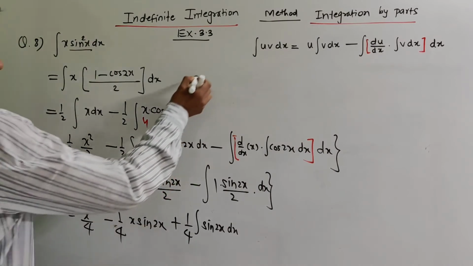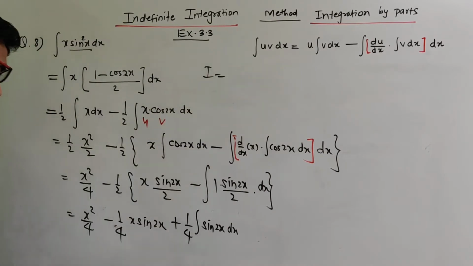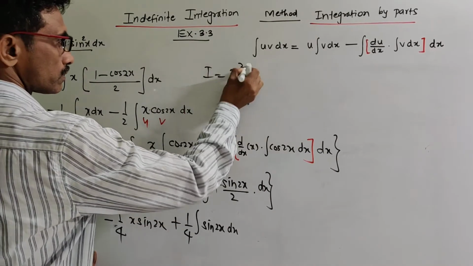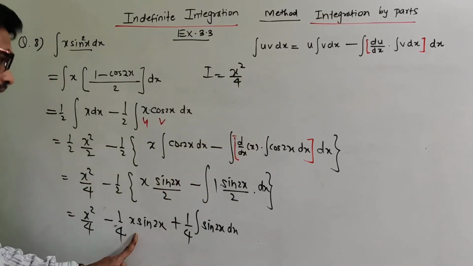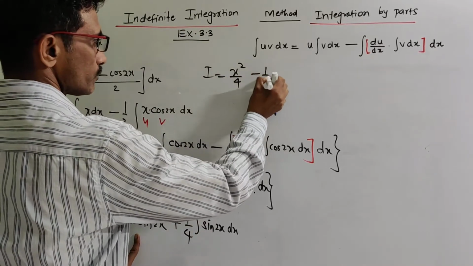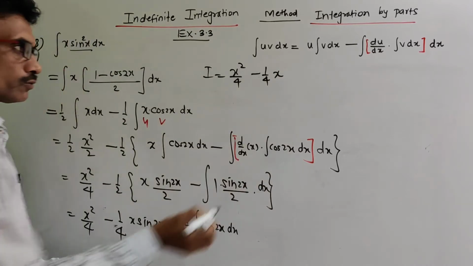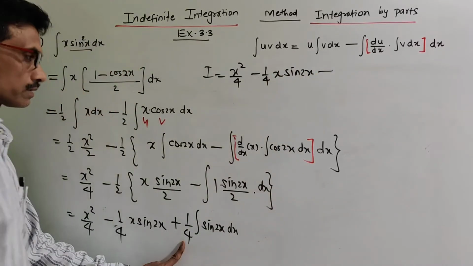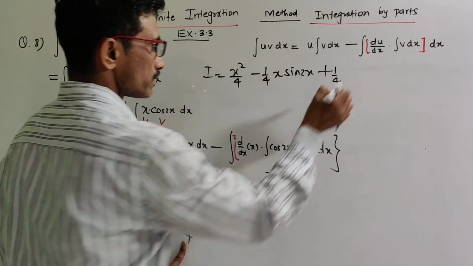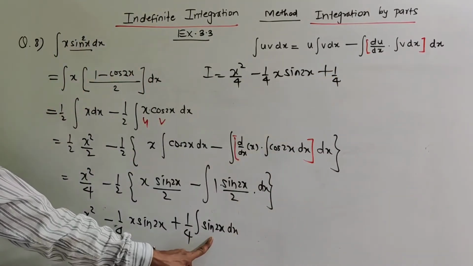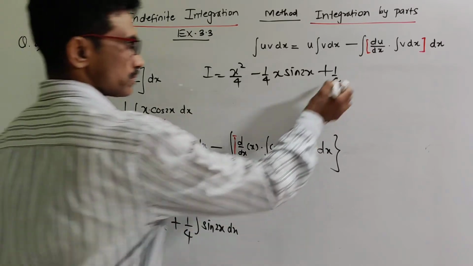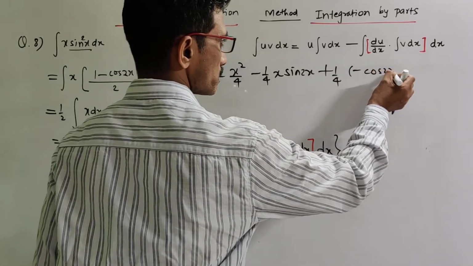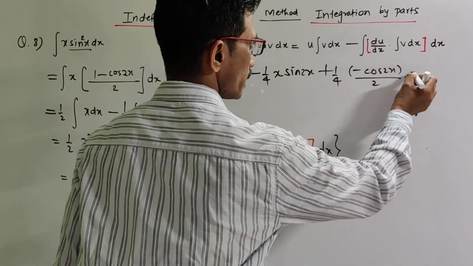So I is equal to x square by 4 minus 1 by 4 x sine 2x plus 1 by 4 integral sine 2x is minus cos 2x upon 2 and plus c.